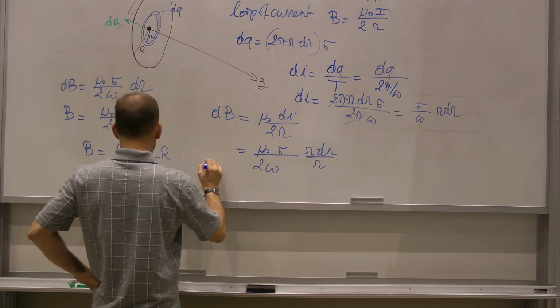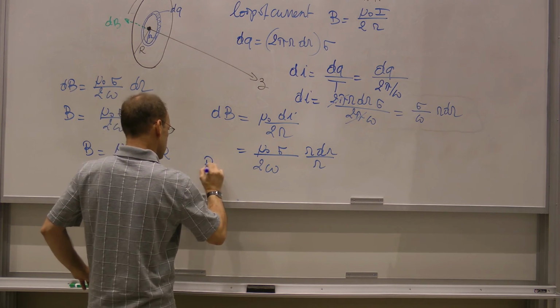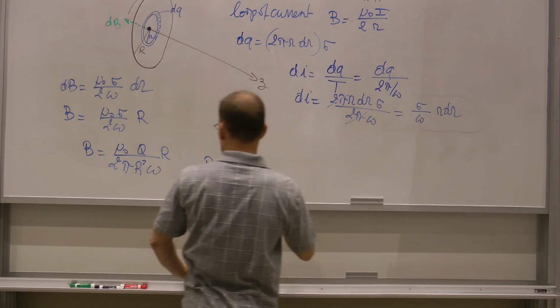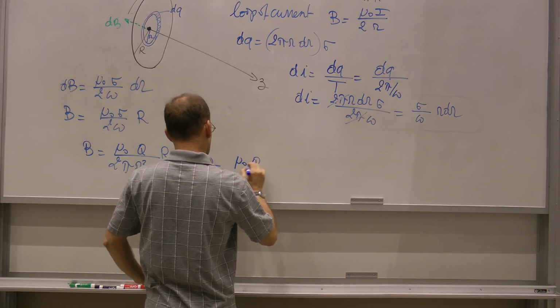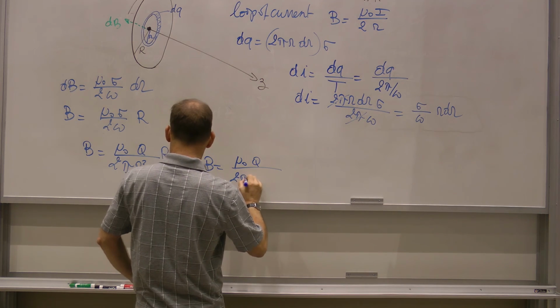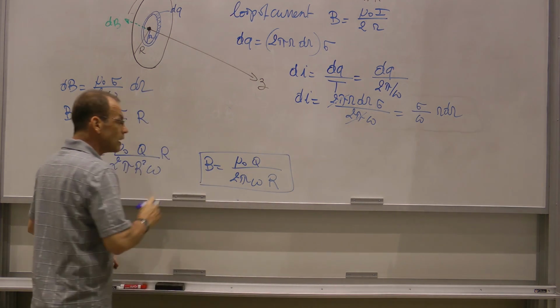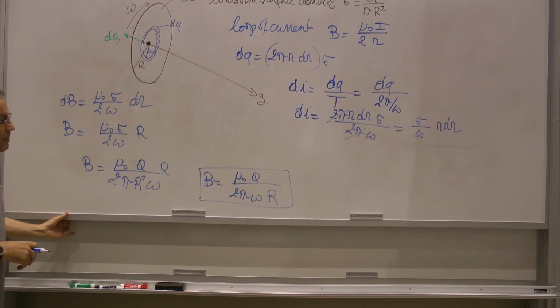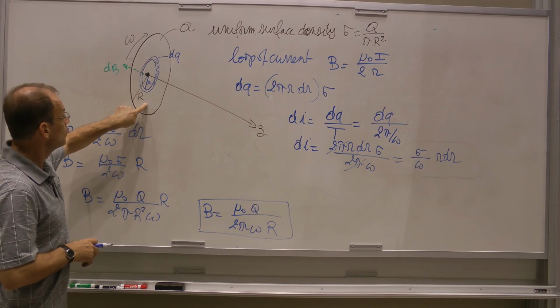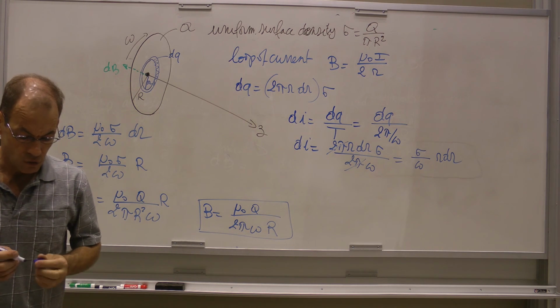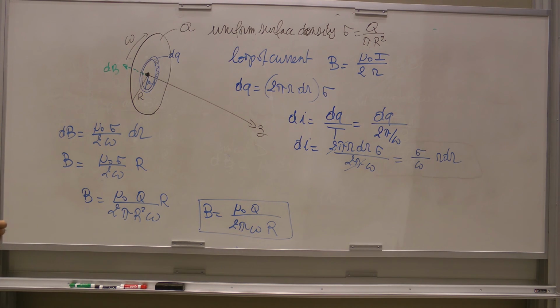And you're left with B equals mu 0 q over 2 pi R. Interesting little problem. This is the magnetic field created by this disk of charge, uniformly distributed, rotating at an angular velocity of omega.